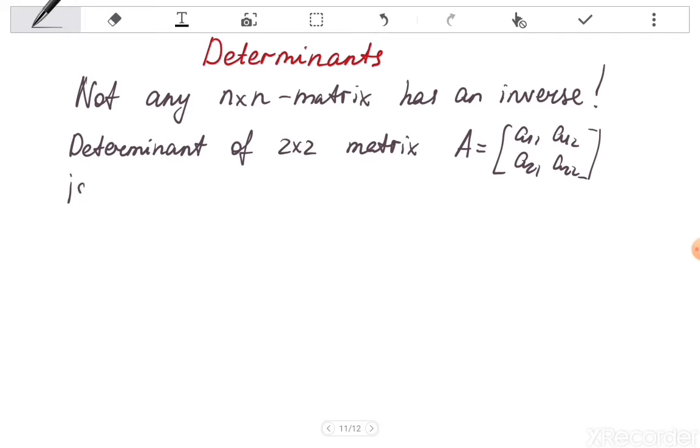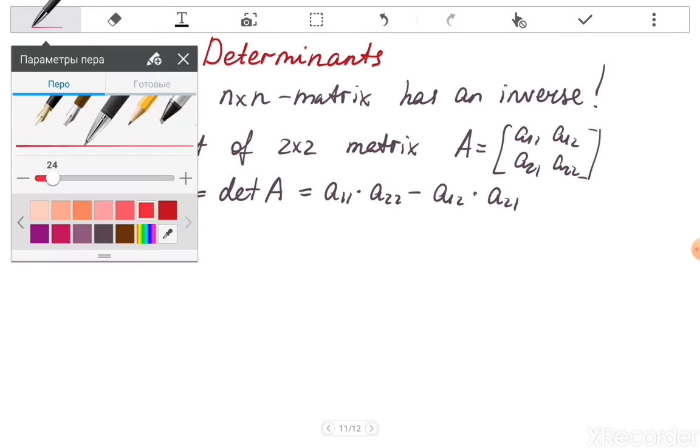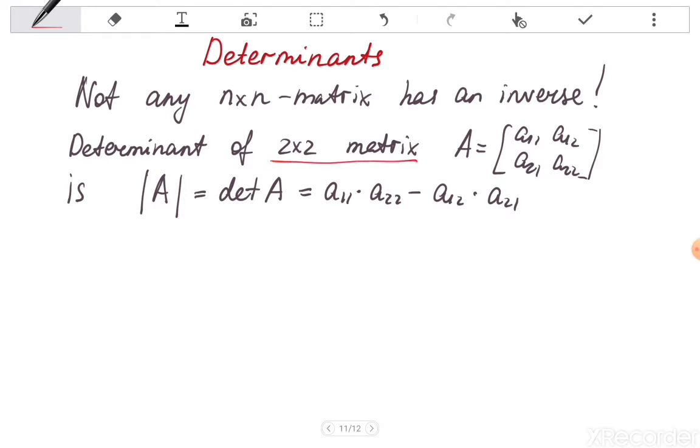It is, first of all, defined with the absolute value sign, determinant, or sometimes you can also see the notation like this, determinant of A, and this is A11 times A22 minus A12 times A21. So this is the definition of the determinant for a 2 by 2 matrix.